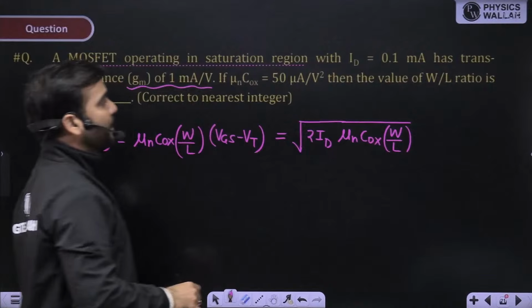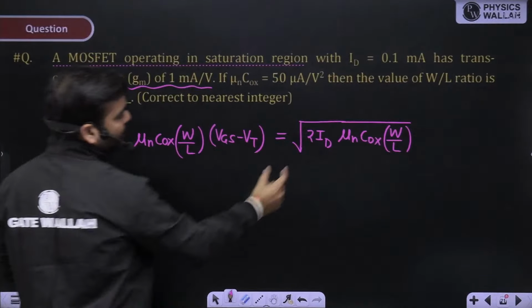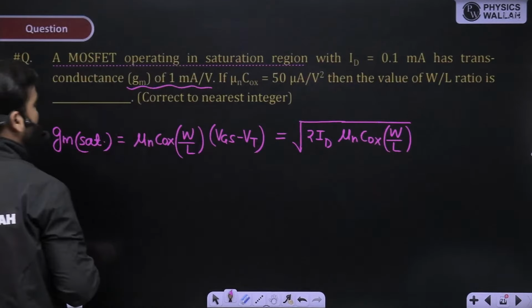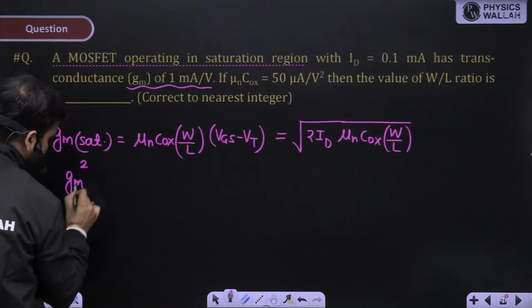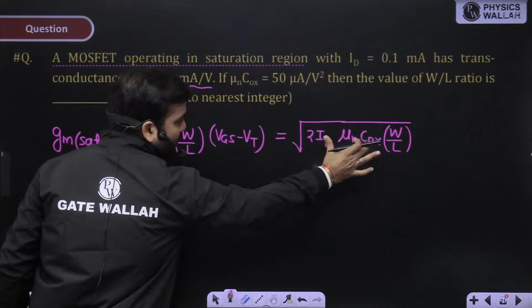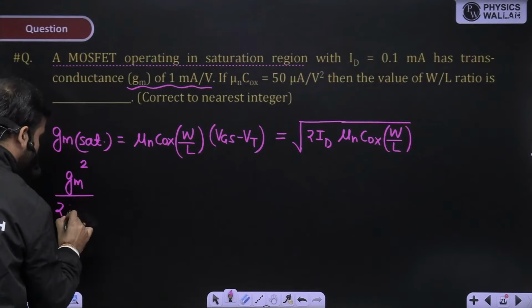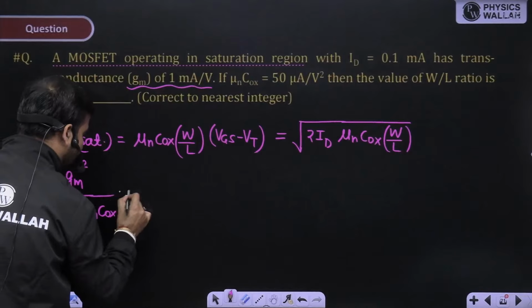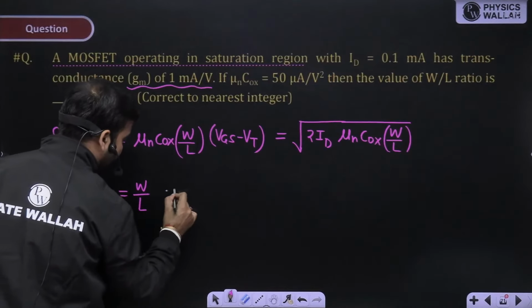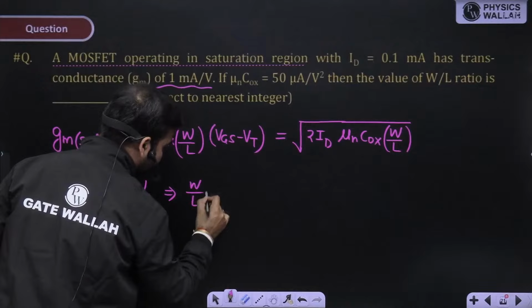Since ID is given in the question and mu n Cox is given, you have to calculate W by L. So from here, if you square gm in saturation, the under root will be gone, and on the right side we will have 2 ID mu n Cox W by L.